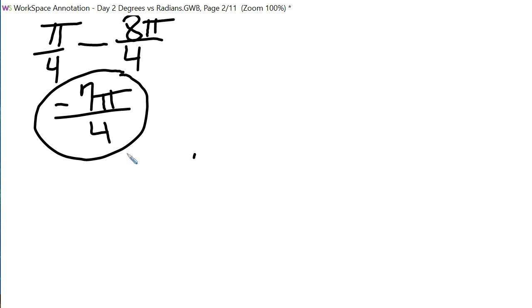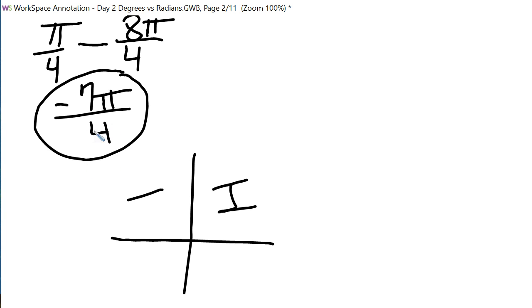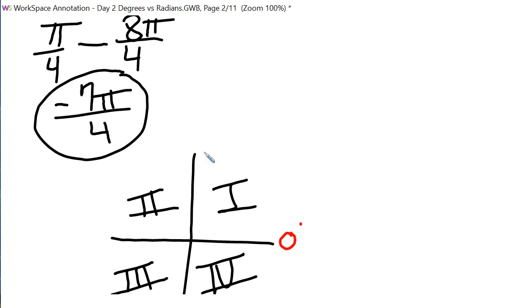So let me draw the coordinate plane. This is quadrant 1, quadrant 2, quadrant 3, quadrant 4. If you're counting by pi over 4, that would be 45 degrees. So using negative rotation, down here would be negative pi over 4, negative 2 pi over 4, which would be negative pi over 2.